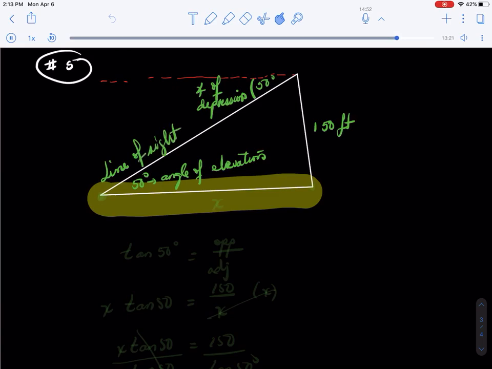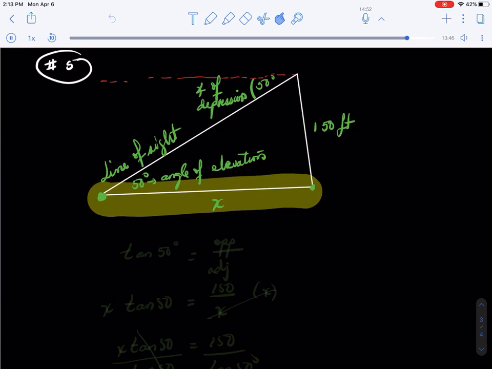Okay, they said the height of the ride is 150 feet. They ask how far you are from the base of the ride. How far from here to there? What you have here is you focus on this angle.